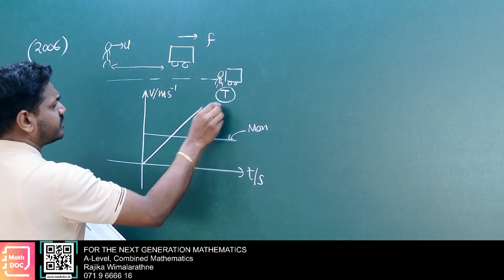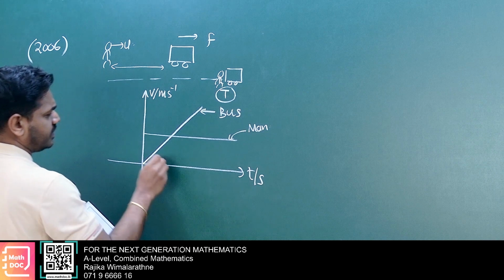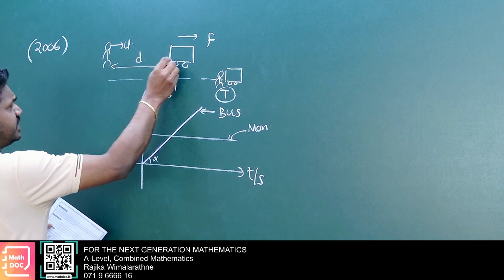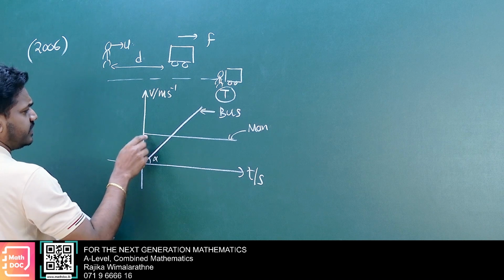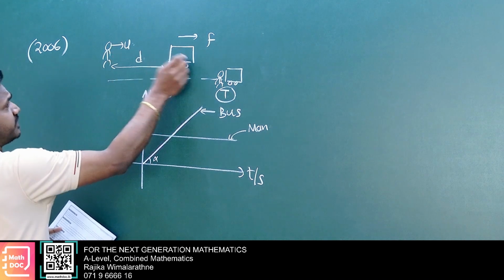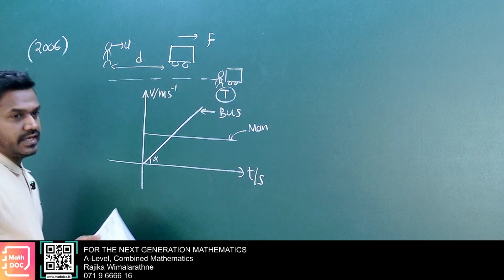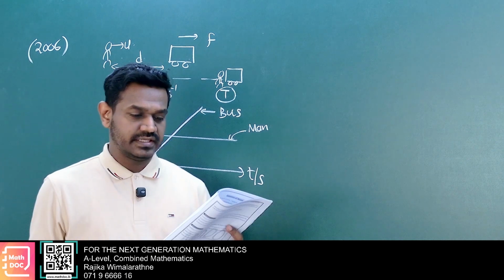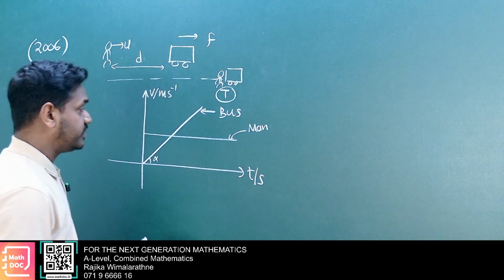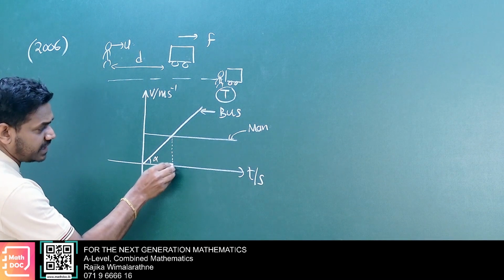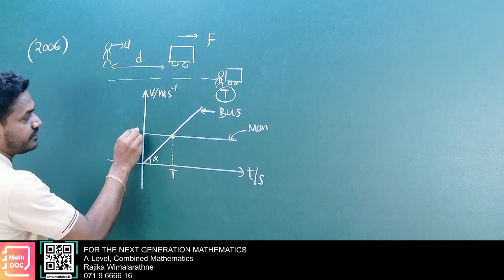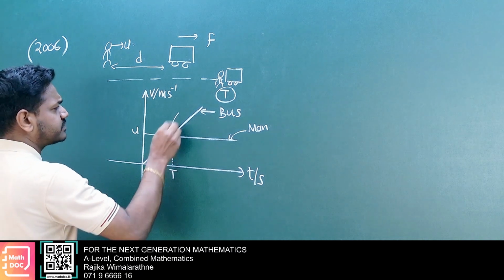Here the distance d is given by the displacement difference between the bus and the man. Here there is a special word, which means just catch. That just catch position happens when the velocity is the same. When the velocity is the same, just catch position happens. Here at this point. That is very important. Here, the just catch position.